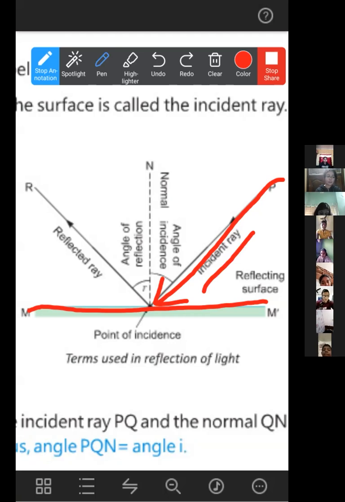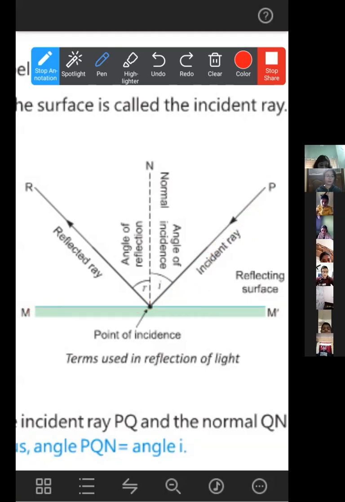The point at which the incident ray is striking the surface is called the point of incidence. Now from this point, the incident ray will be reflected or bounced back.